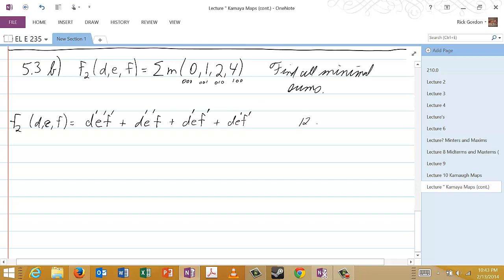So as was the case in the previous problem, we have 12 literals, and let's see how much simplification we'll have this time. Once again, we have a function with 3 variables, and so we'll have a Karnaugh map with 2 to the 3rd, or 8 cells.